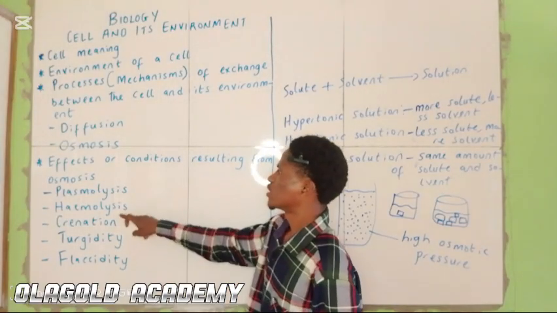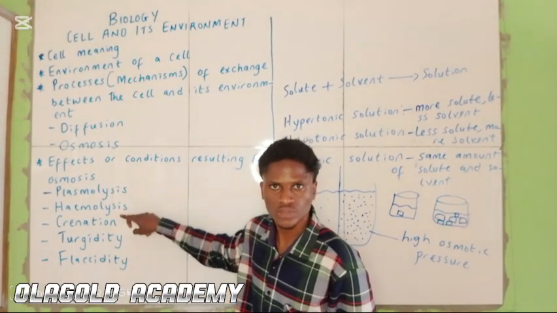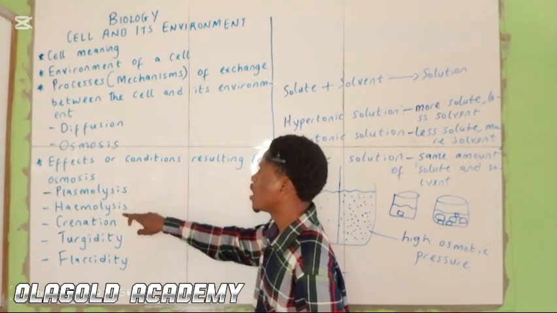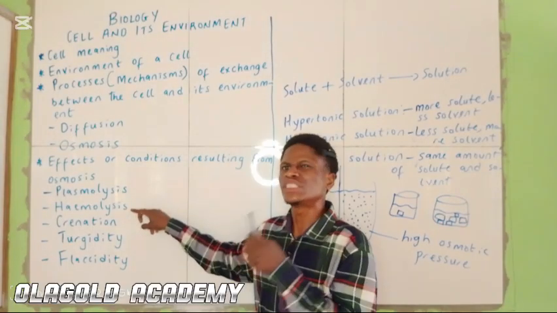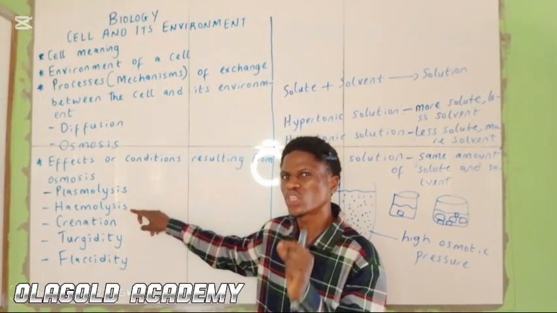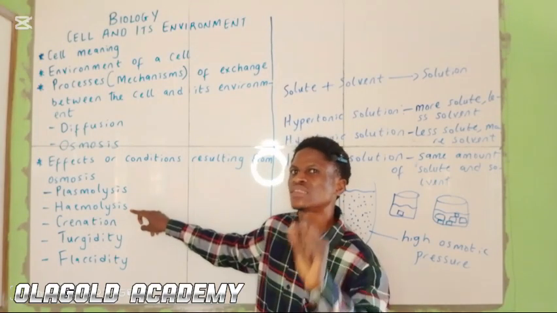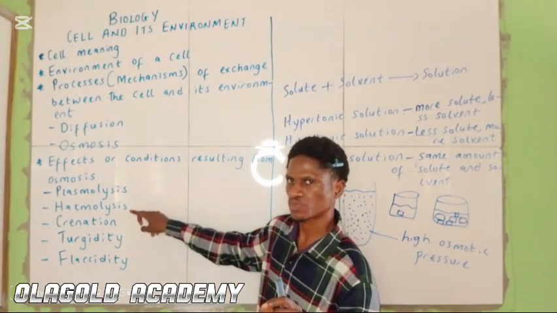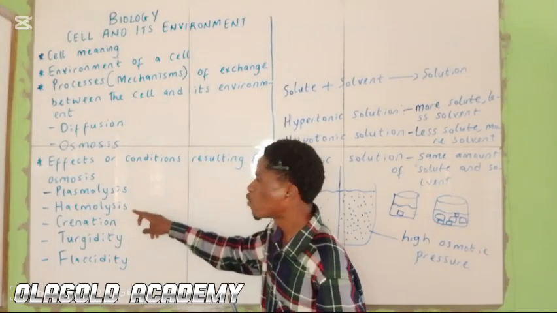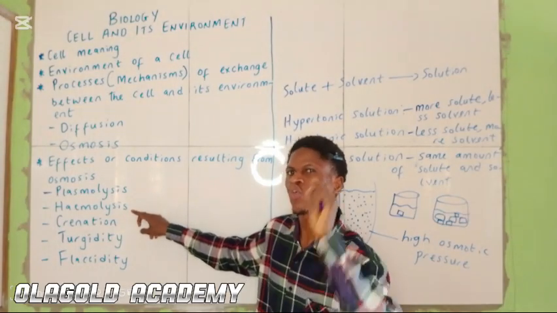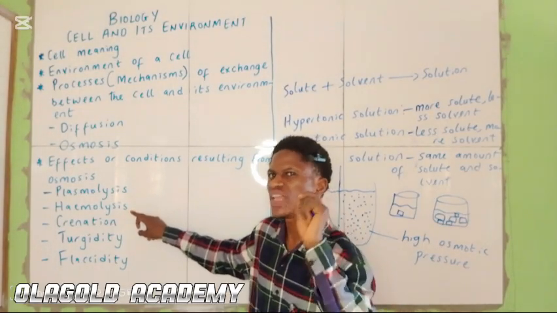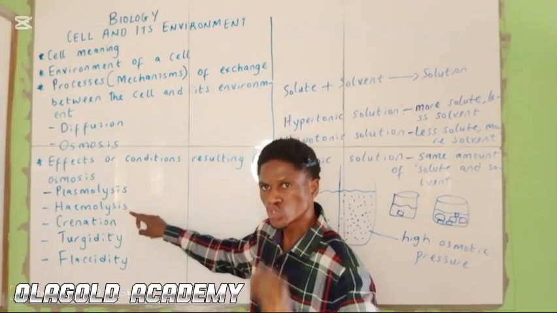Alright, next one we have haemolysis. Now, haemolysis is the bursting of the red blood cell when placed in a hypotonic solution. I repeat, haemolysis is the bursting of the red blood cell when placed in a hypotonic solution.